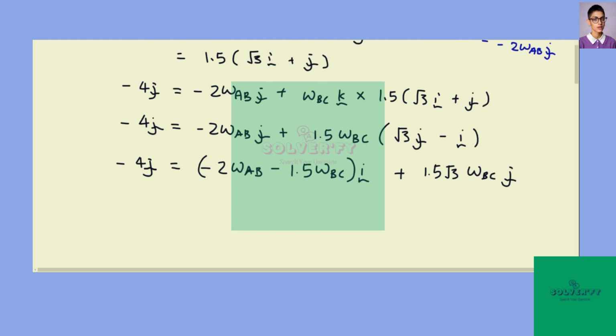Oh no, sorry, wrong. So this is the J component. Doing this takes some care. You need to be very careful because it's easy to mix up the components.